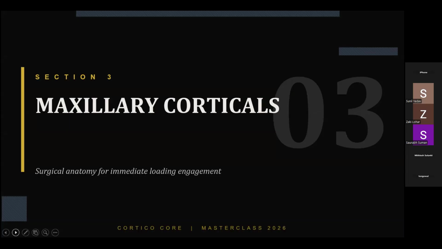Now, where are these? I have been talking about cortical all the time, and you must be wondering where these corticals are. Imagine if you have seen any zygomatic implant placement. The zygomatic in itself is a cortical. If you have seen any surgeon placing a zygomatic implant, they perforate the zygomatic bone just to make sure that your implant is going to lodge in that cortical.